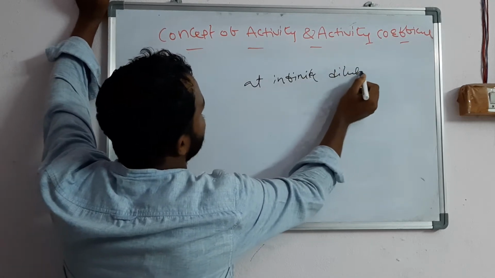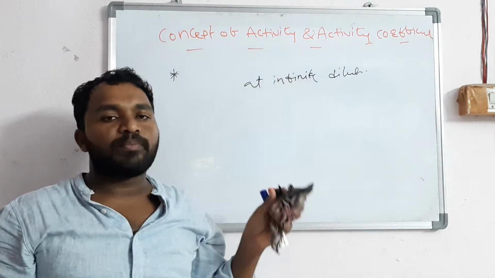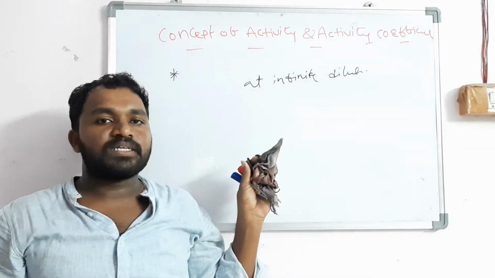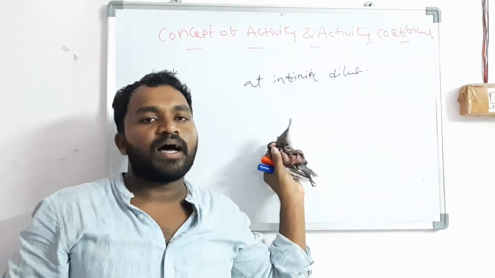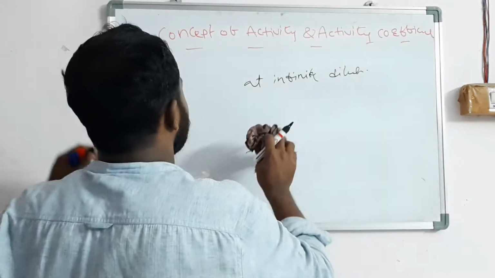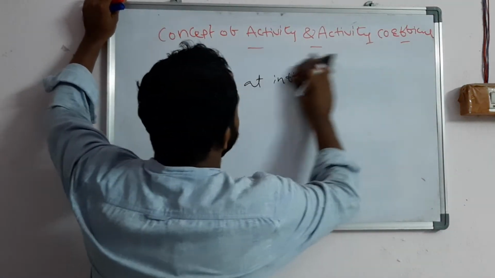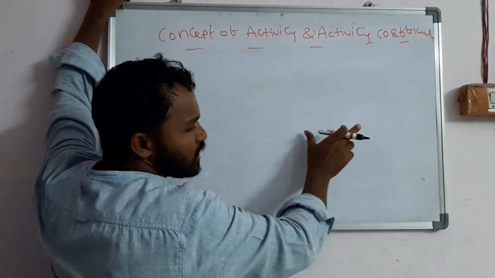The properties of one species of ions are affected by the other ions, which interact electrostatically at infinite dilution. You should write this point first. So the concept of activity and activity coefficient means the properties of one species of ions are affected by the other ions which interact electrostatically at infinite dilution.